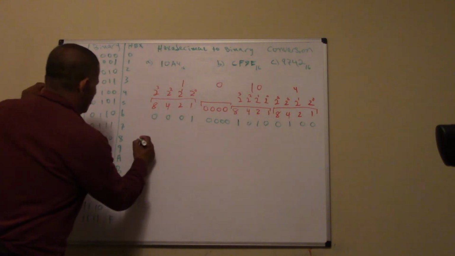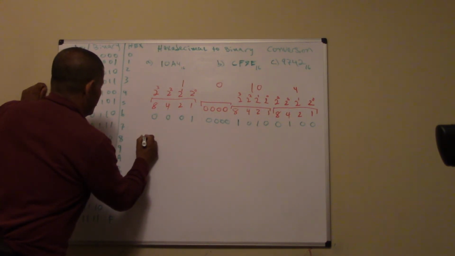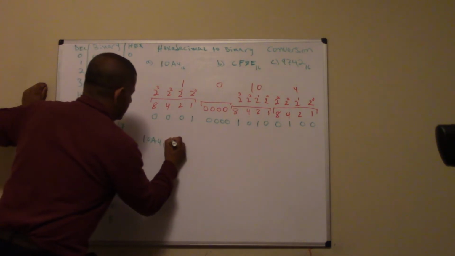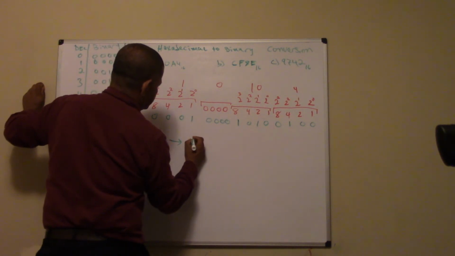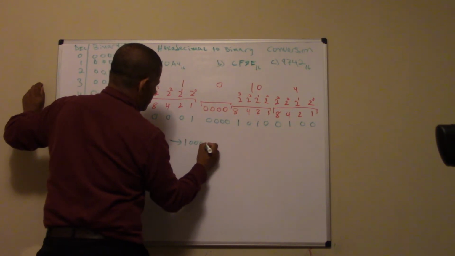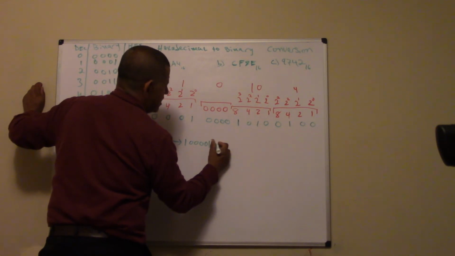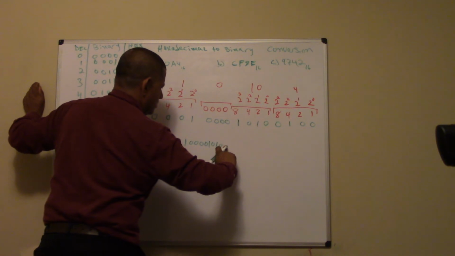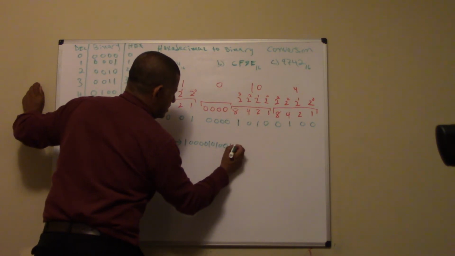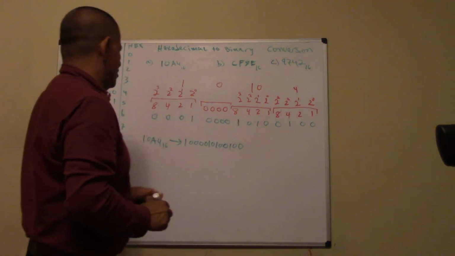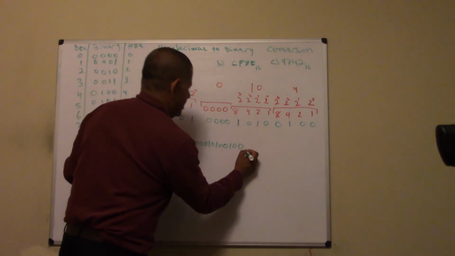So technically the number 10A in base 16 is equivalent to 1, 0, 0, 0, 0, 1, 0, 1, 0 in base 2.